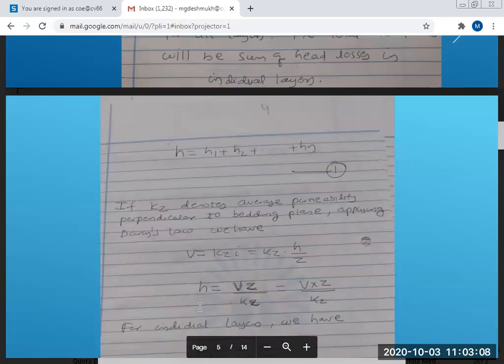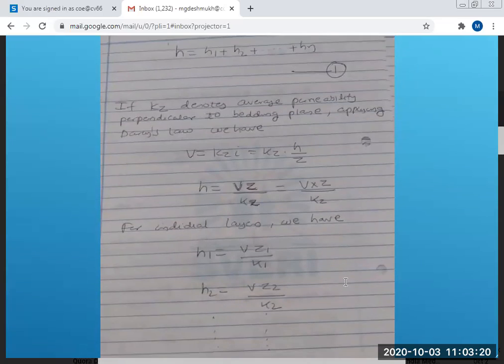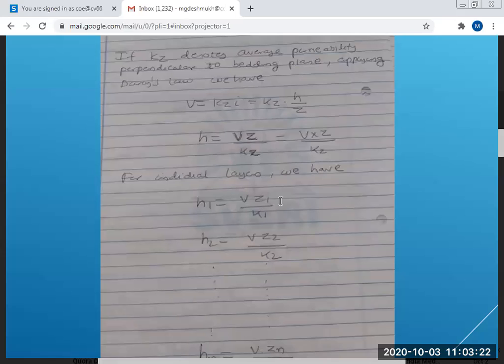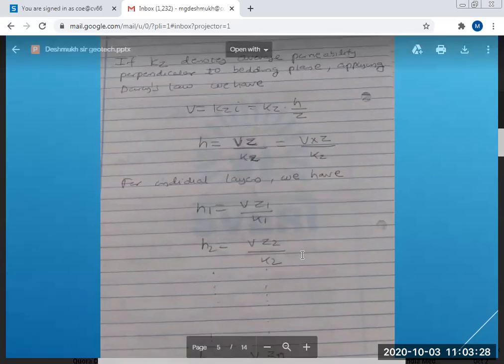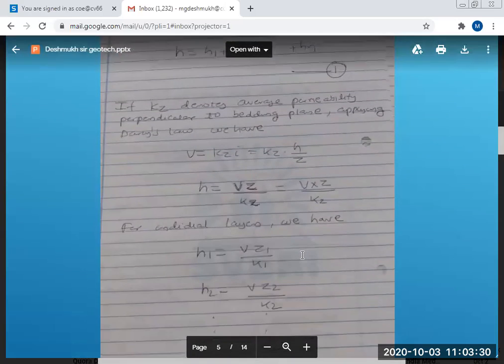So remember the formula, H is equal to V into Z divided by Kz. So for individual layers, we have H1 is equal to V Z1 by K1, H2 is V Z2 by K2, and for Hn, V Zn by Kn.